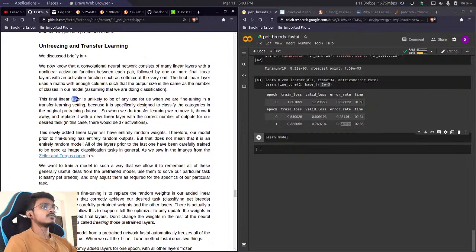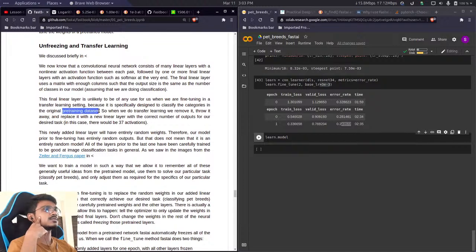This final linear layer is unlikely to be of any use for us when we are fine-tuning in a transfer learning setting, because it is specifically designed to classify the categories in the original pre-training dataset. Suppose there were 50 categories in the original pre-training dataset.